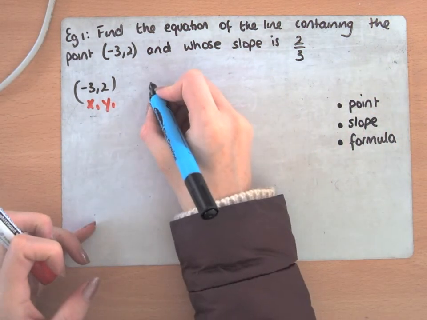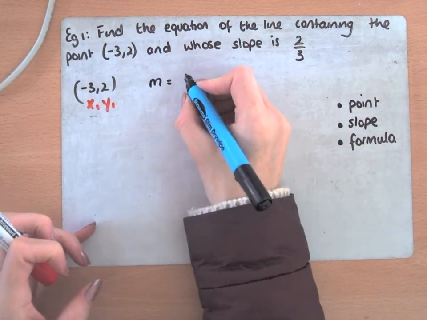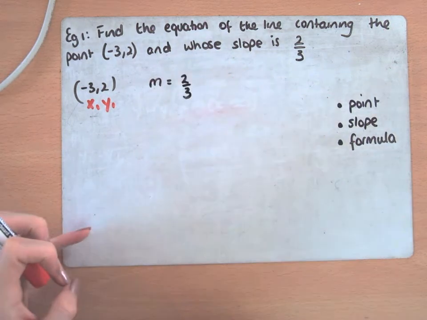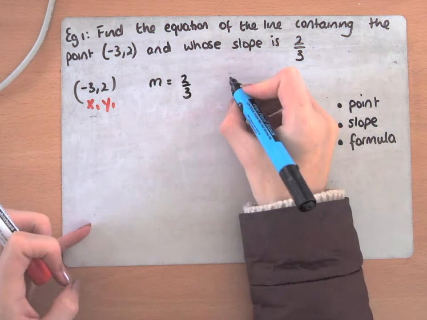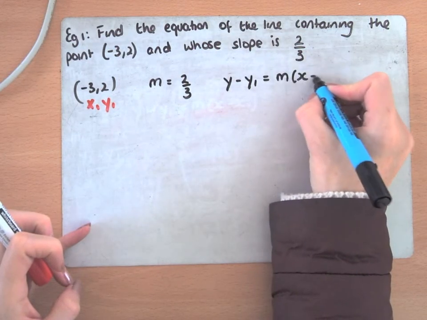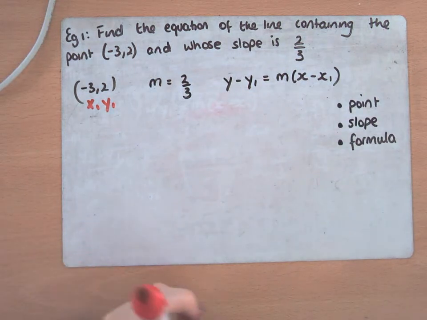What's my slope? And what letter is for slope? M, isn't it? And my formula. So I'm going to write those things down. Okay?